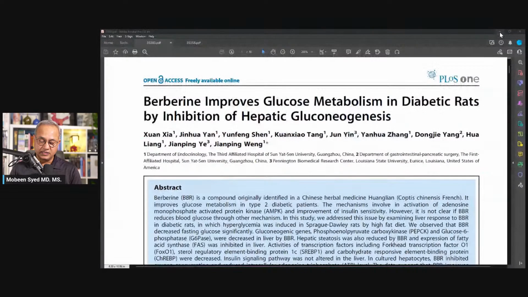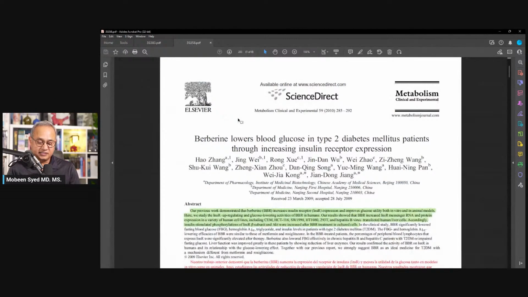With this, let's look at the two studies that I want to use as the foundation for today's talk. This one study is berberine improves glucose metabolism in diabetic rats by inhibition of hepatic gluconeogenesis. The second study is berberine lowers blood glucose in type 2 diabetes mellitus patients through increasing insulin receptor expression.